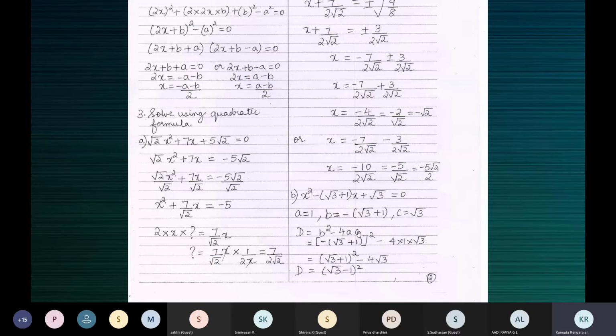Then let's find b square minus 4ac. Do it very carefully. The entire thing is b, no? Put a square bracket. B square, that's what you see here. B square minus 4ac, 4 into a into c.